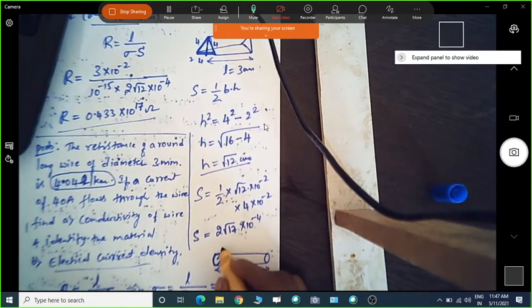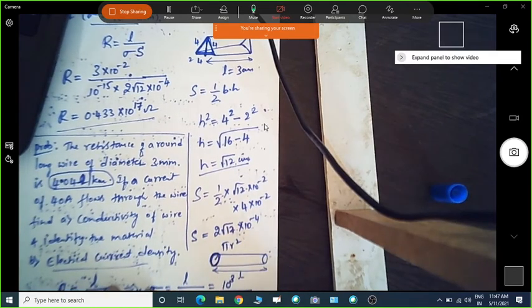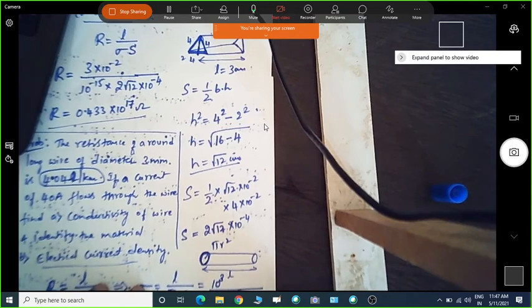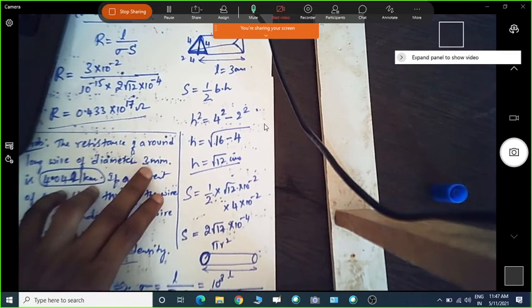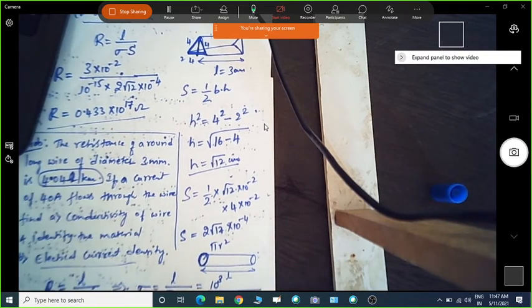The surface area you again find using the circle, the cross sectional area, pi r square. The diameter is 3 mm, divided by 2 means 1.5 into 10 power minus 3 whole square, since it is mm, 10 power minus 3.